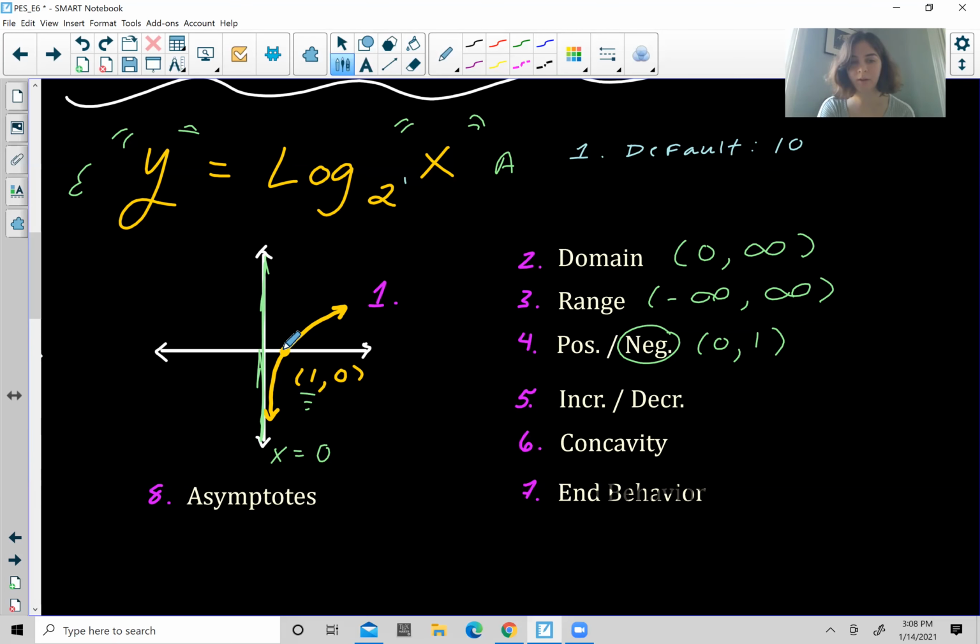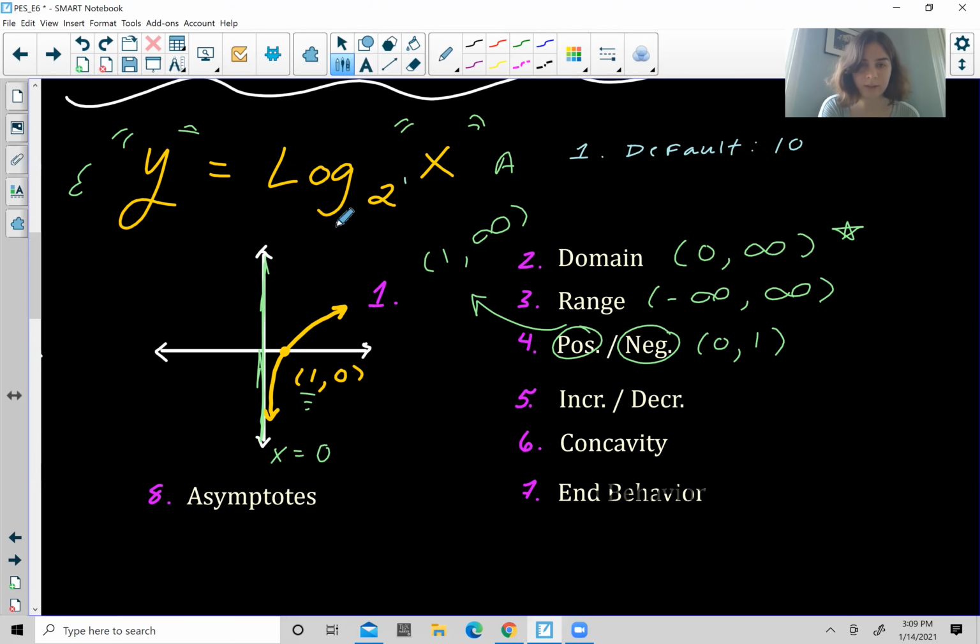And then at the 1 here is where it crosses the x-axis. So that's going to be from 0 to 1. And then positive is just going to be everywhere else. So 1 to infinity. And then, of course, when you're doing this, always take into account that domain. So we're not going to be referring to negative infinity because there is no negative infinity when it comes to our x values.